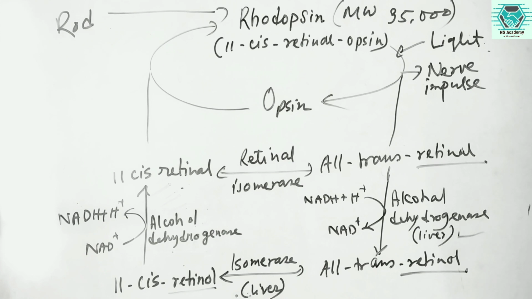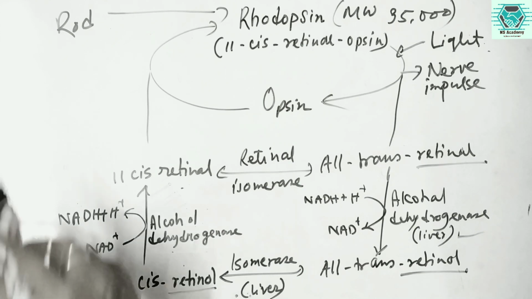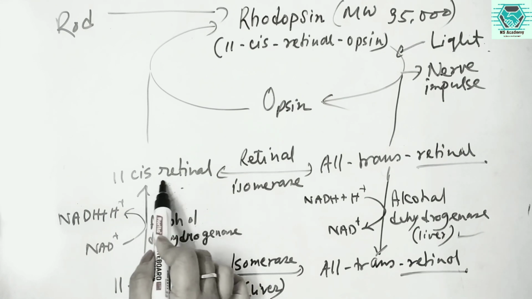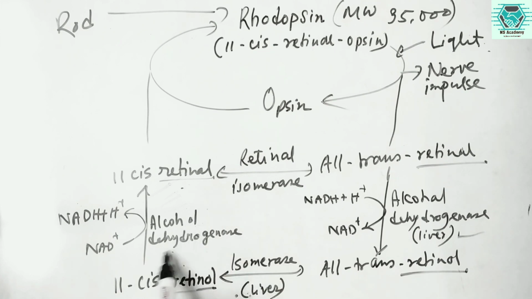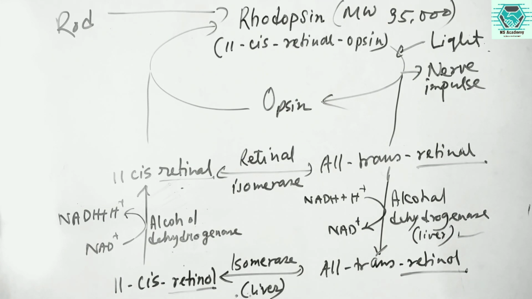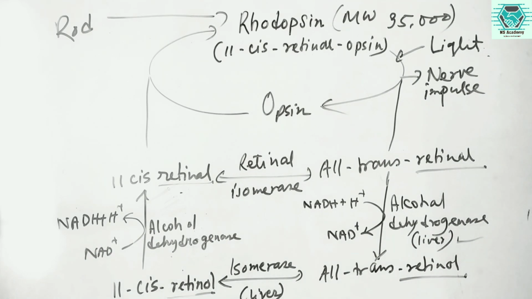Okay, understand? So that was basically the Wald visual cycle. When this goes to the liver, by the liver enzyme there is conversion from this to that, and then by the liver enzyme isomerase it is converted to 11-cis retinol, and this 11-cis retinol is converted to 11-cis retinal by the enzyme alcohol dehydrogenase, and again it participates in the visual cycle.